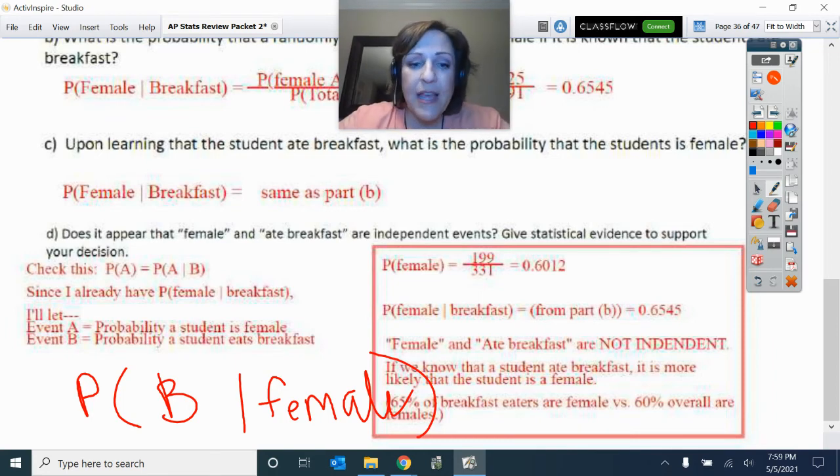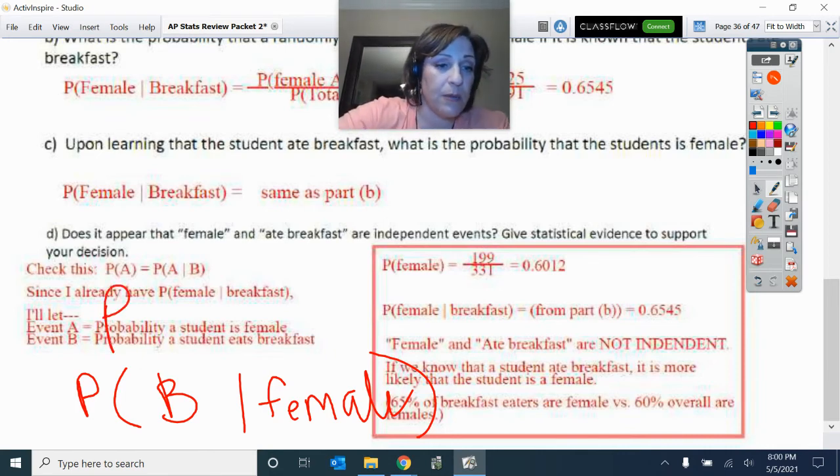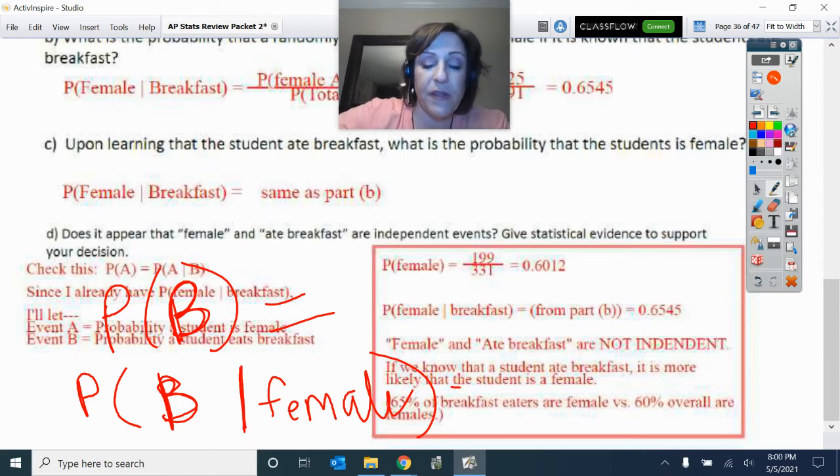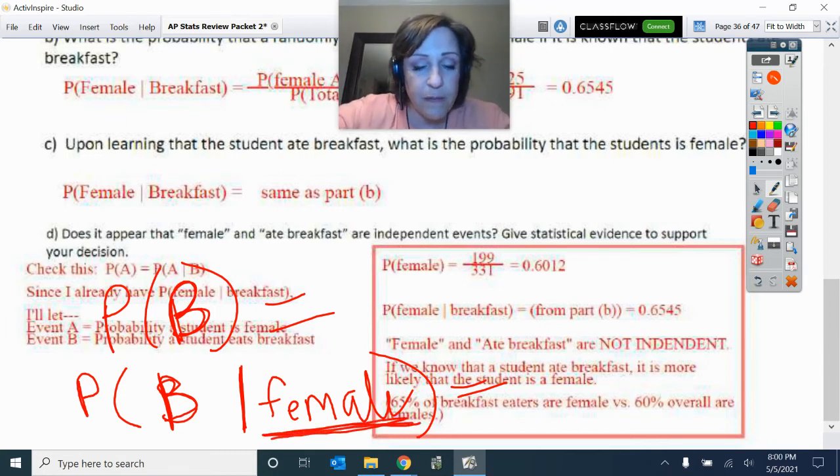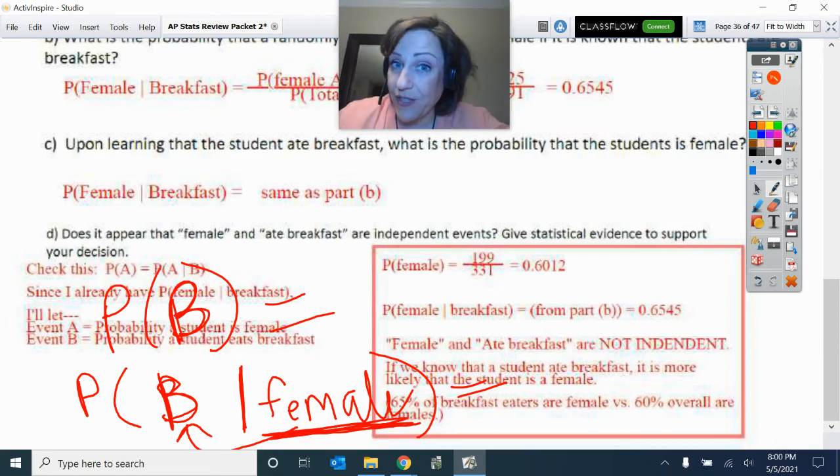And see if the fact that you're a female changes the rate at which you eat breakfast from the breakfast rate overall. So, eating breakfast, given that you're a female. So, you would find out those two probabilities and see if the fact that you're a female changed the probability you have eaten breakfast? Okay. So there's what's going on with that couple.